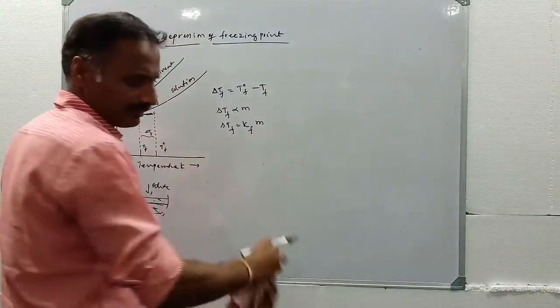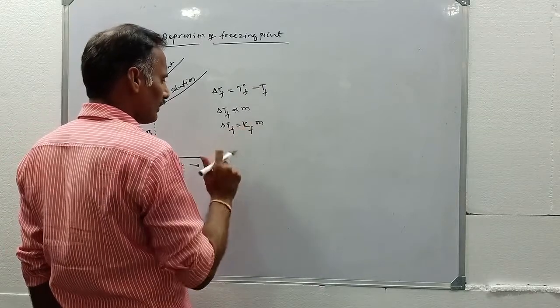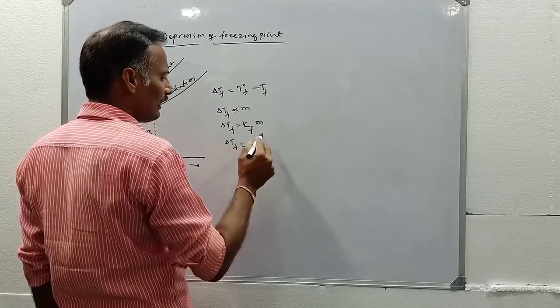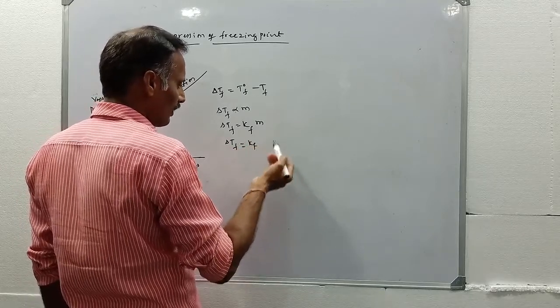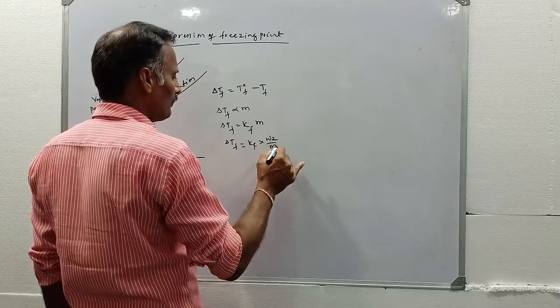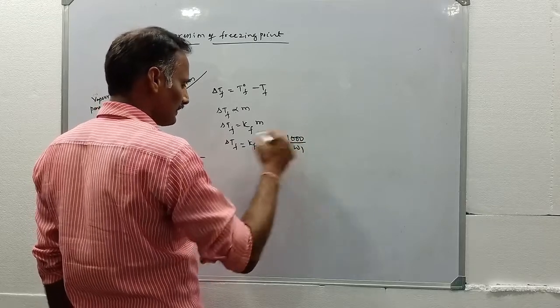Then you know that delta TF is equal to Kf into m, where m is called molality. Molality means the number of moles of solute present in 1 kg of solvent, so delta TF equals Kf into W2 by M2 into 1000 by W1. This is the molality expression.